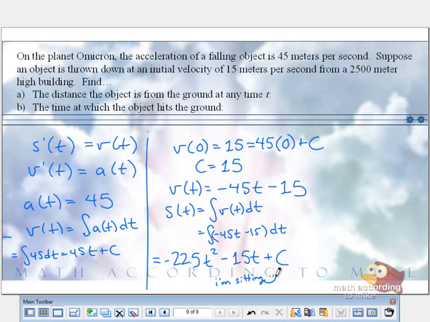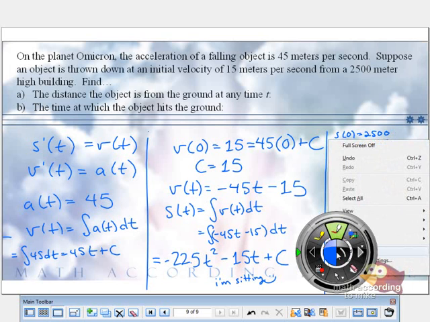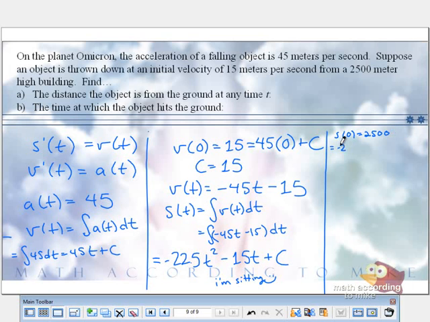Because s is the height off the ground. So we'll have s of 0 is 2,500, and that equals negative 22.5 times 0 squared minus 15 times 0 plus c.